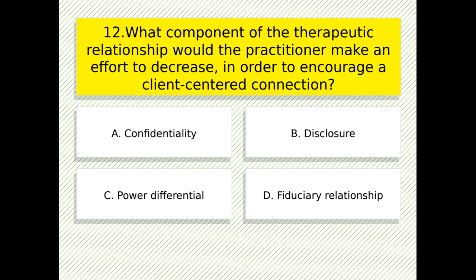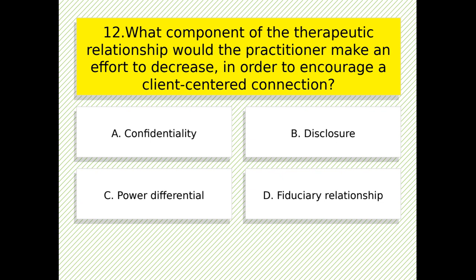All right, the answer is C, power differential. You guys got to take a look at that, write it down, look it up, and we'll go over this.